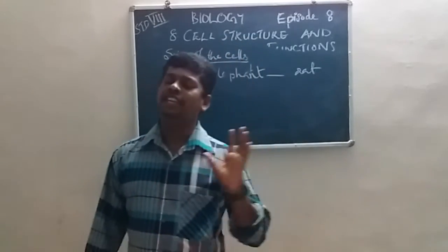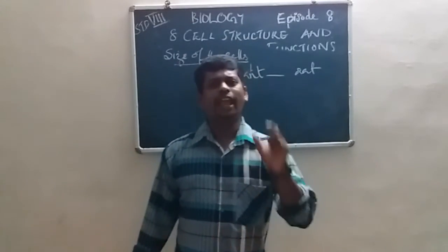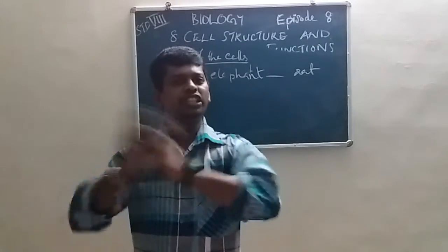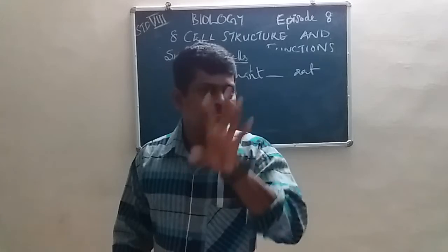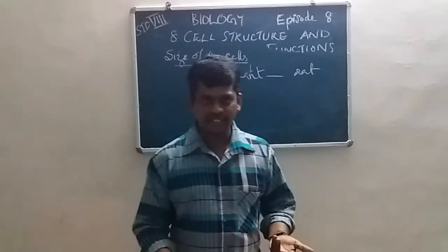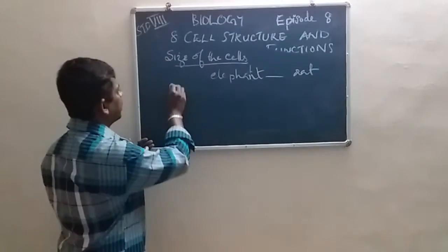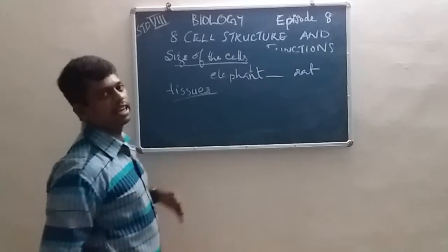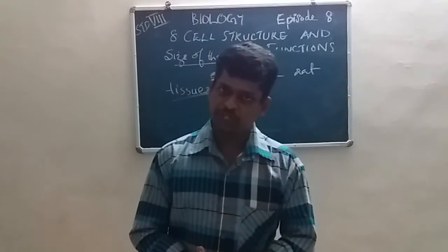Cells join together with each other for a specific function. That cluster of cells is called tissue. Yes, you know about that, tissue. A cluster of cells is known as tissue.